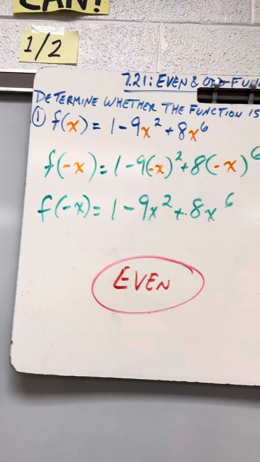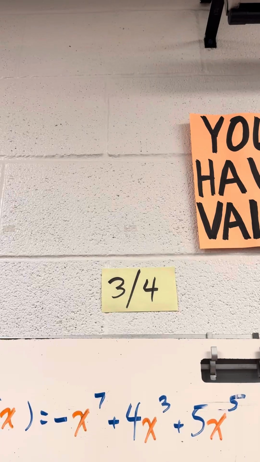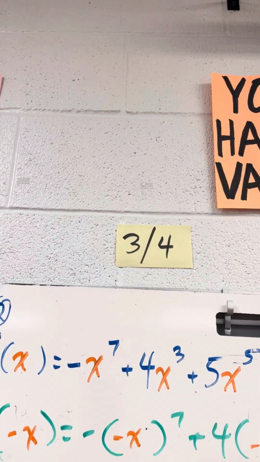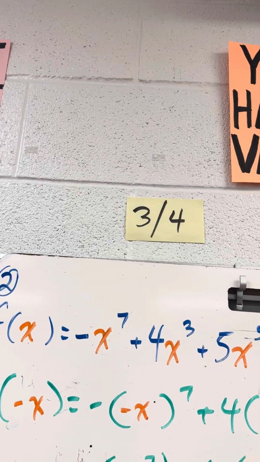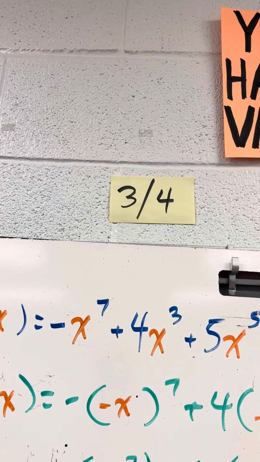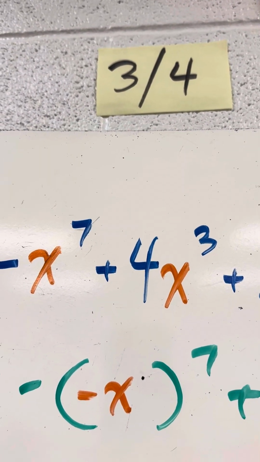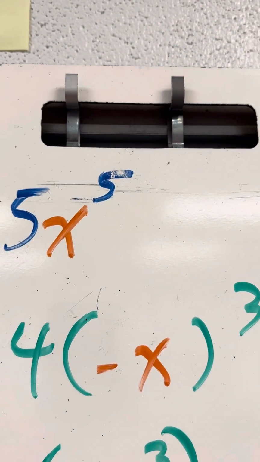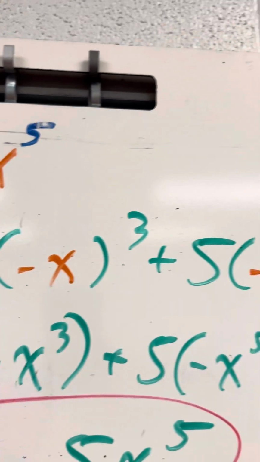Here, f of x equals negative x to the 7th plus 4x to the 3rd plus 5x to the 5th. If you put in f of negative x, when you have an odd exponent, negative x to the 7th will come out as negative x to the 7th. Negative x to the 3rd power will be negative x to the 3rd power.